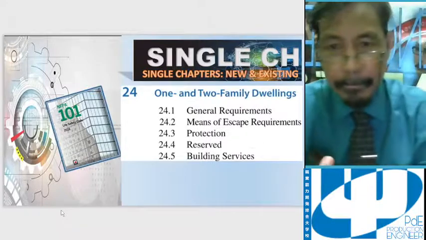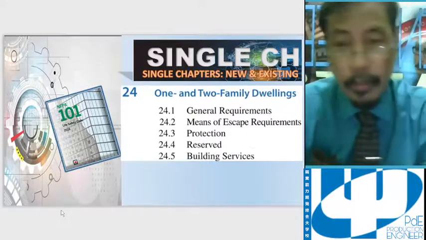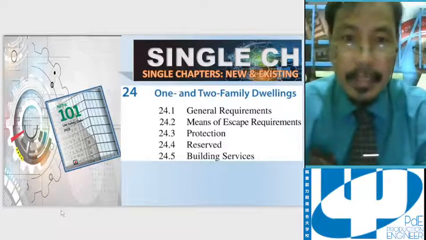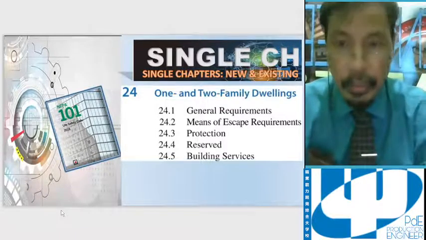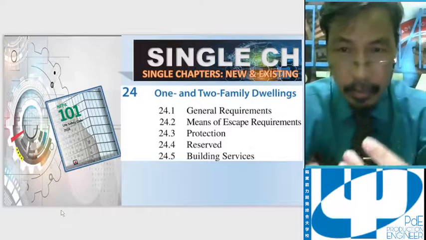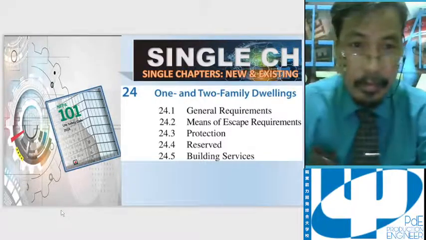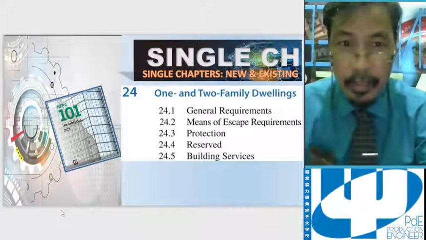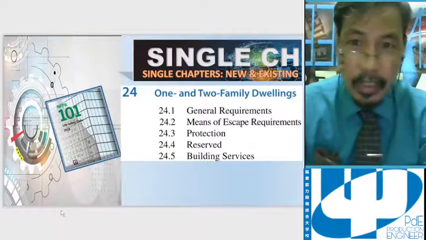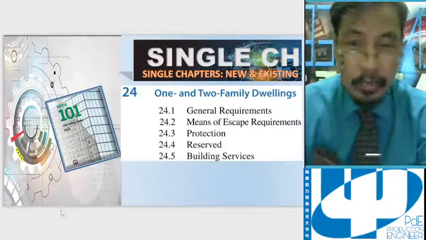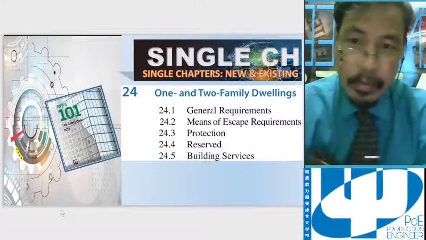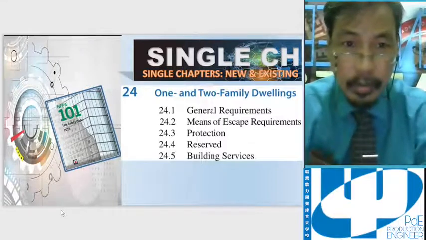Meaning 1 and 2 family dwellings do not require much of the provision. New and existing, both in one chapter, and not the standard ones without special provision and without operating features.